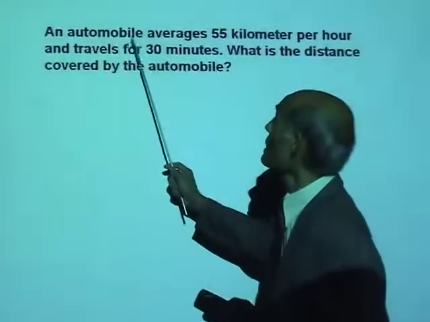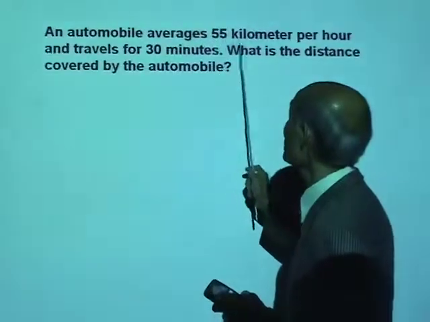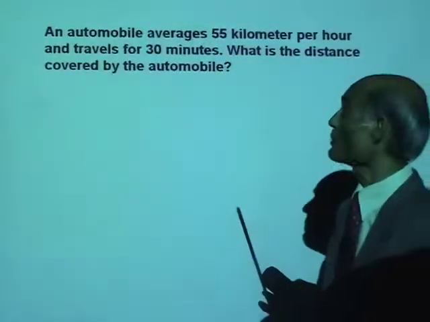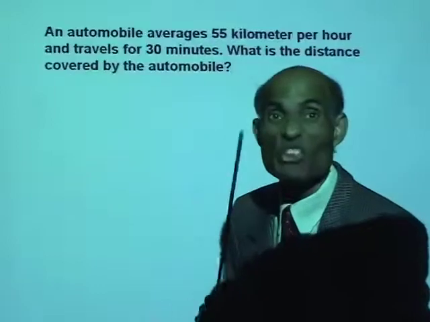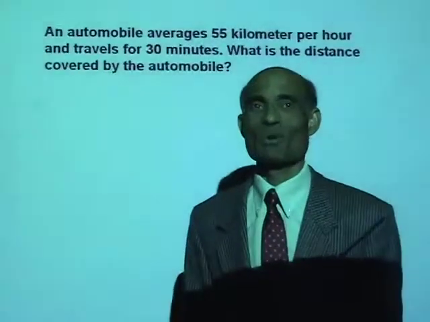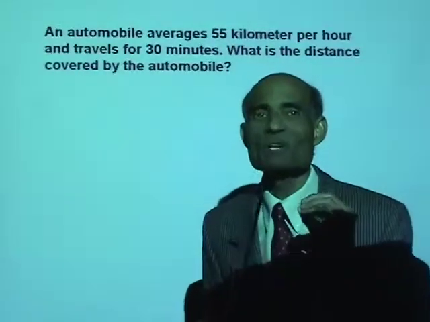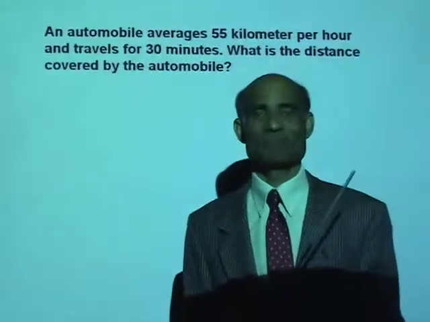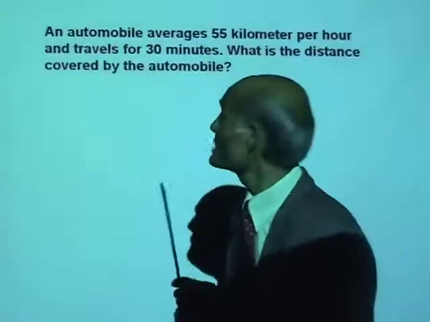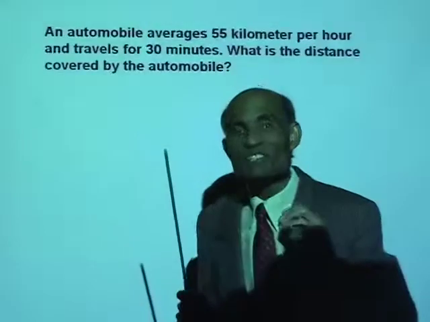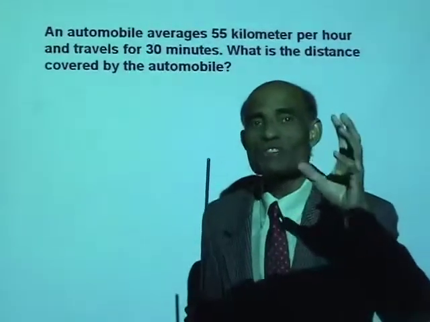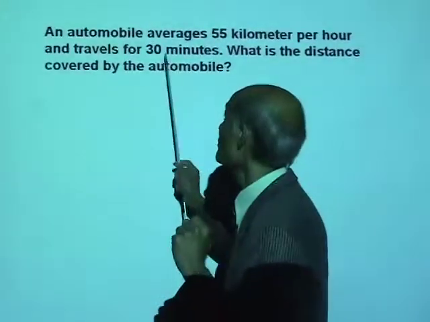An automobile averages 55 kilometers per hour and travels for 30 minutes. What is the distance covered by the automobile? Now tell me, will the distance covered be less than 55 or greater than 55? What does this mean?